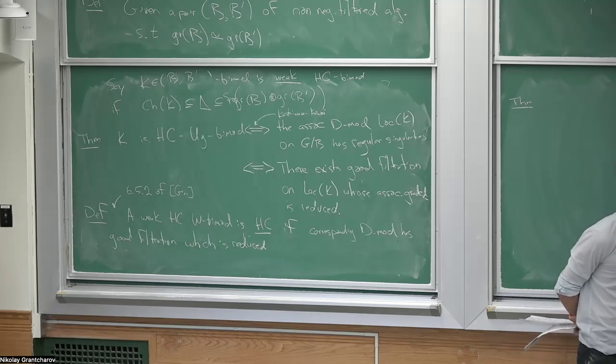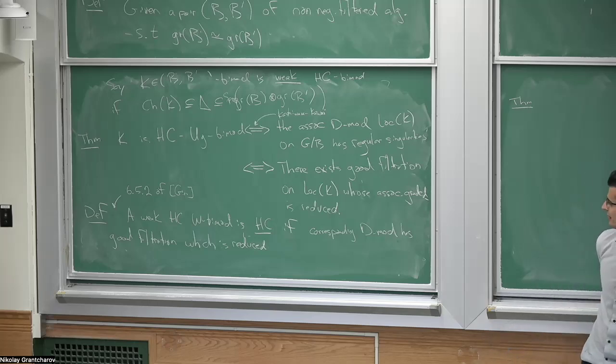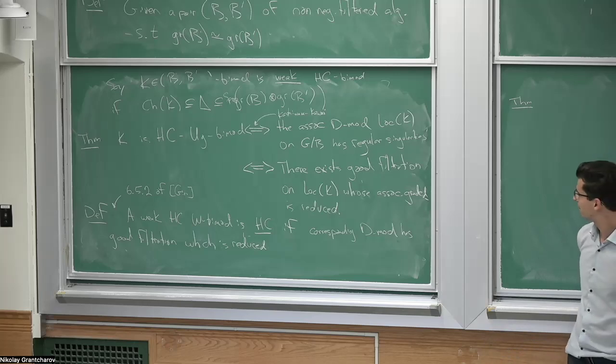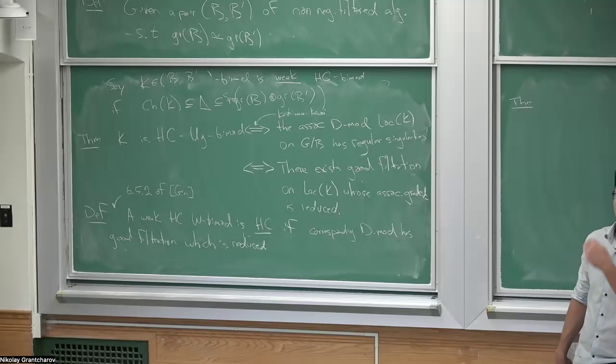So it looks like it has solutions with exponential growth. On the other hand, this reduced condition. Right. Those two reduced are also different. I see. B got changed. But then what's B down there? When you say reduced, this is with the associated graded of the D-module, the localization.